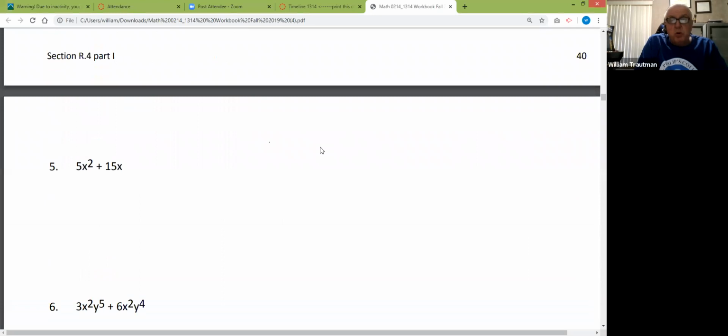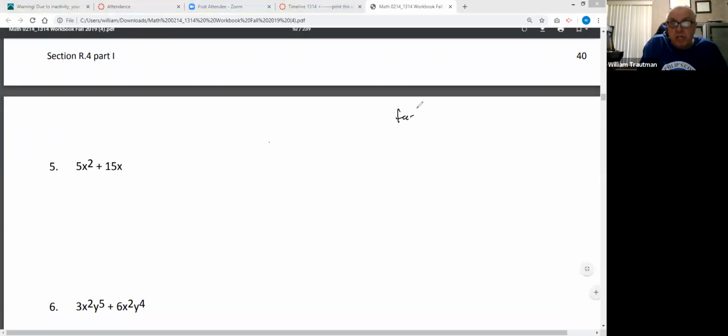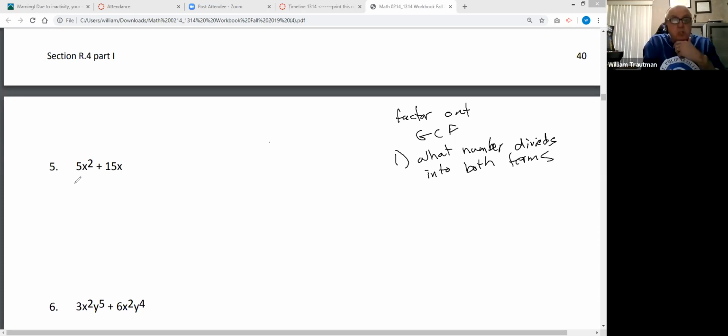Okay, so there's more. I'm going to write some steps for factoring out the GCF, greatest common factor. Step 1, what number divides into all terms?